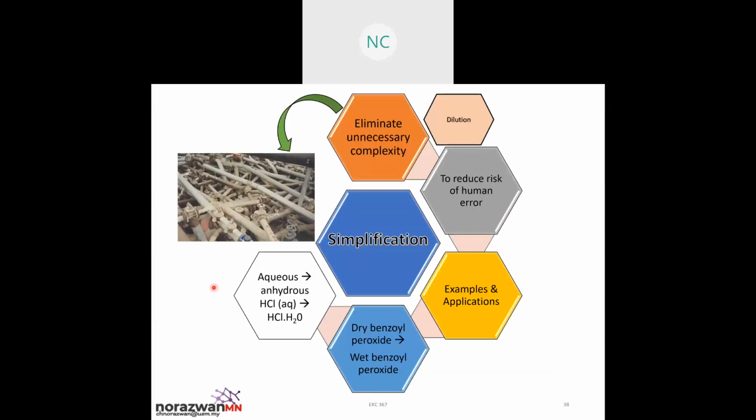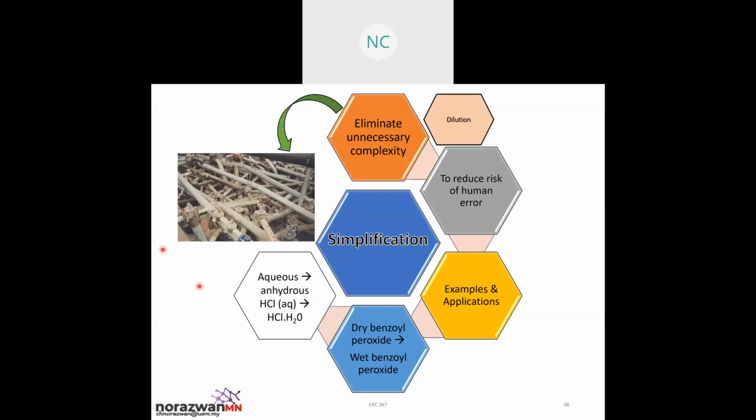And finally, the fourth strategy in IST is using simplification. Okay, simplification, just like how these piping lines have been installed. We try to simplify. We try to eliminate unnecessary complexity.